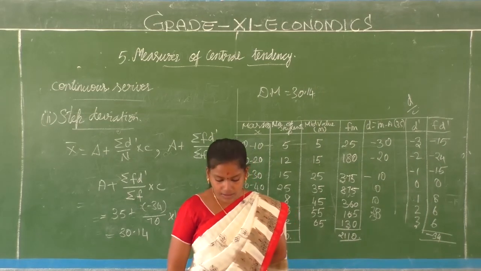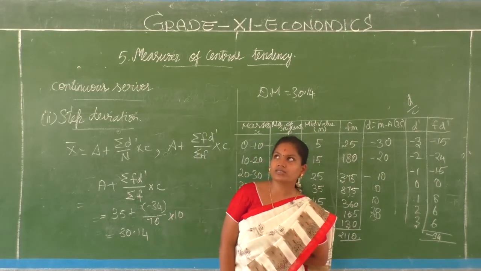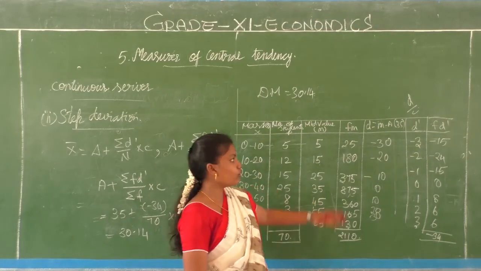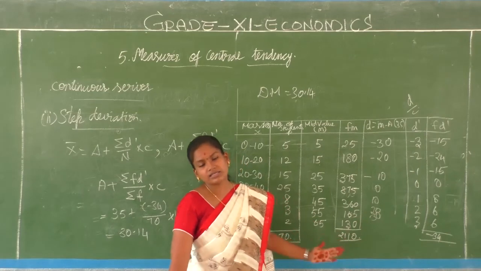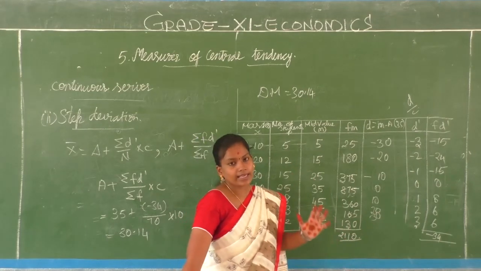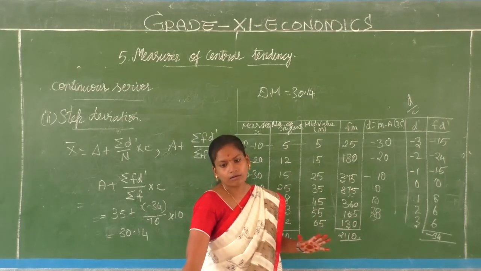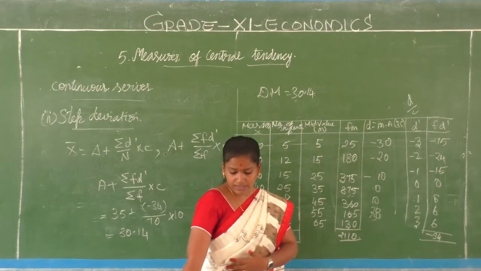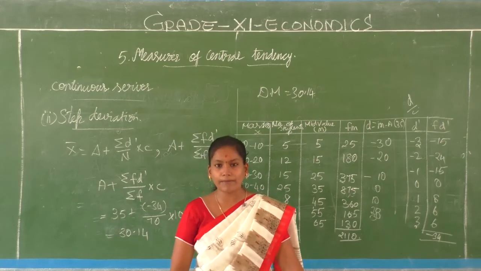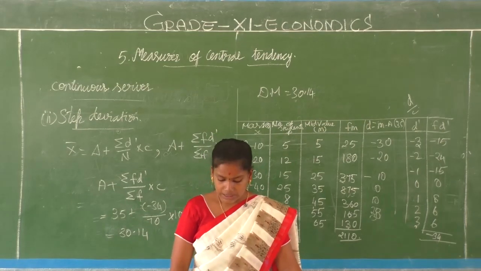So what are the other interesting properties? X minus x bar is always equal to what? 0. The summation of it is going to be 0. Right, children?